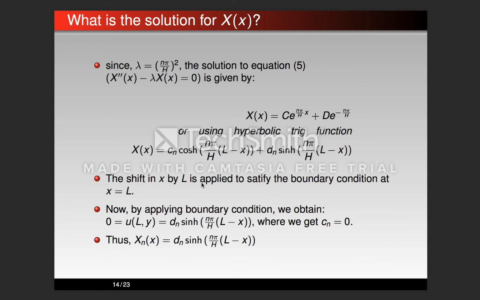Now, by applying the boundary condition where u of L, y equals 0, we get that c n is equal to 0. When c n is equal to 0, this function is 0, and then x of x is just this function, where we get our general solution for x of x, which is equal to d n sinh n pi by h (L minus x).